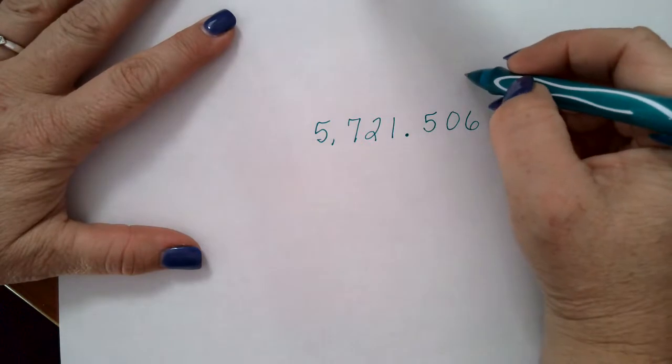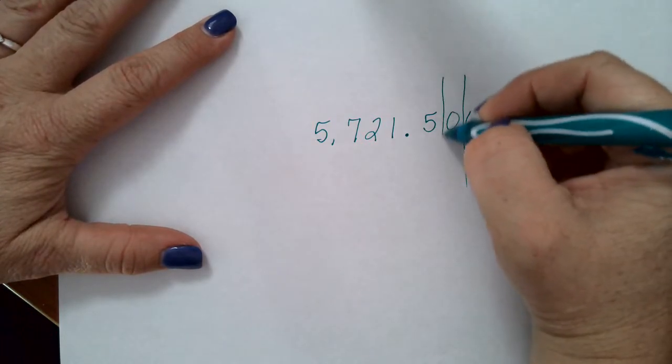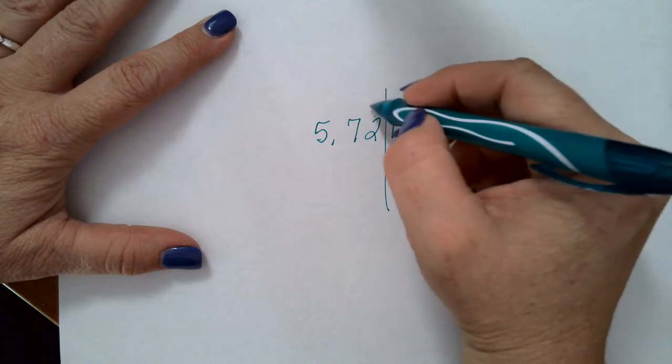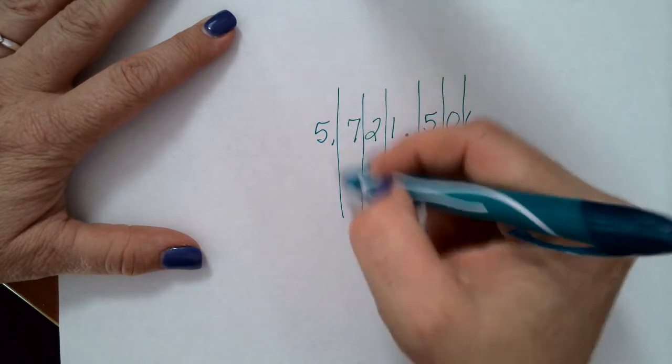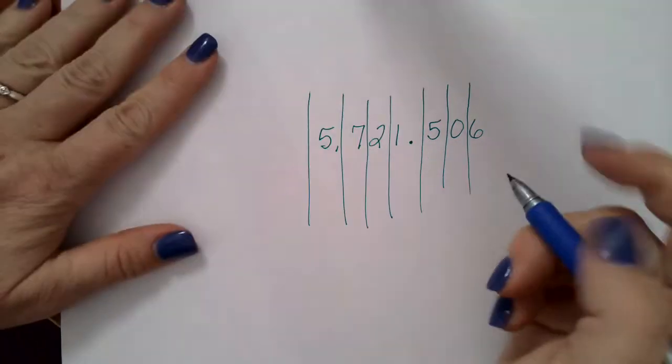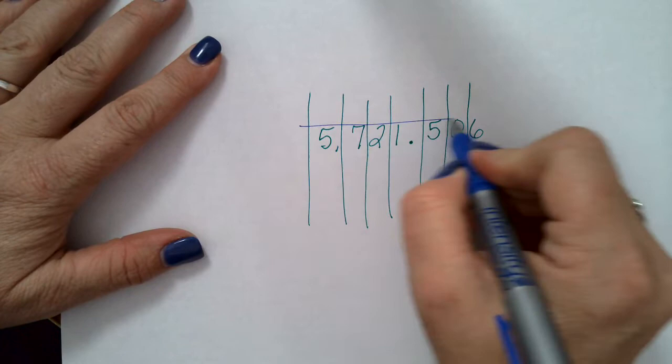The best thing we can do is make a place value chart. When we make a place value chart, it helps us see exactly where we're going to put each number and what the value of each number is.